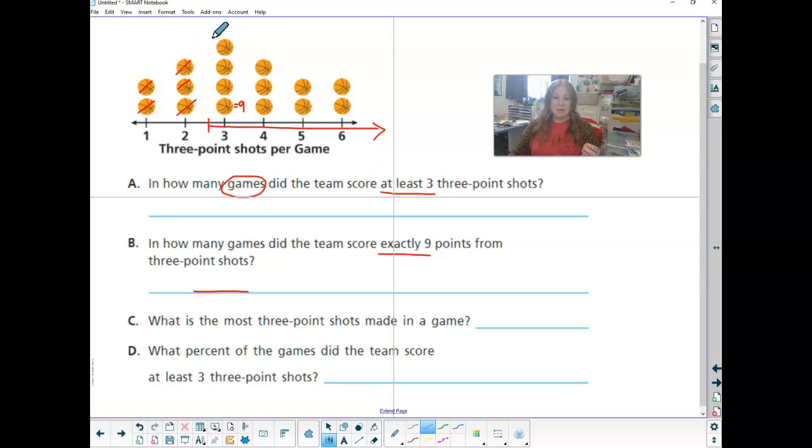At least 3 was 4, 5, 6, 7, 8, 9, 10, 11 out of the total games, 12, 13, 14, 15, 16. And we're looking for the percent out of 100. So I don't know a nice easy way to get from 16 to 100.